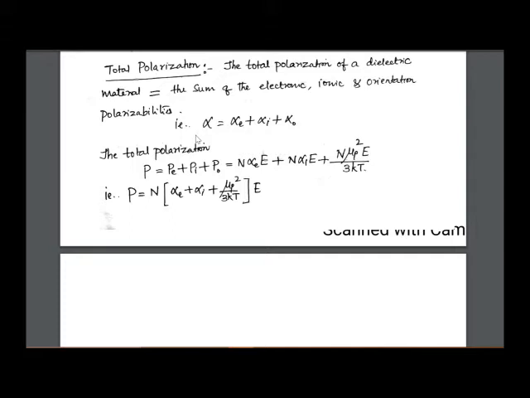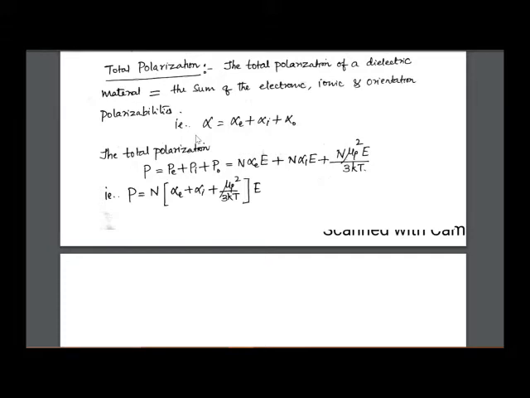So PE stands for polarization due to electronic polarizability, PI is polarization due to ionic, and PO is polarization due to orientation of the dipoles.